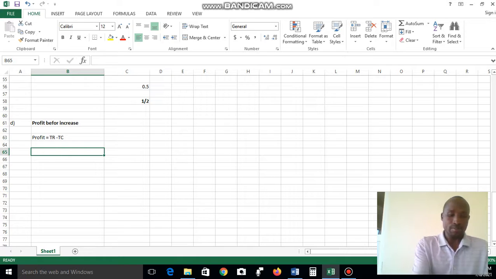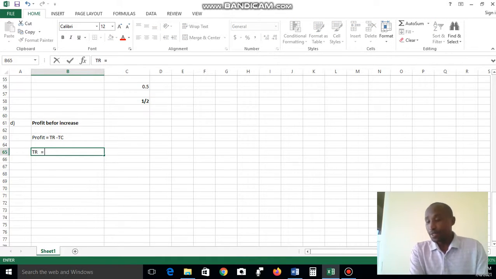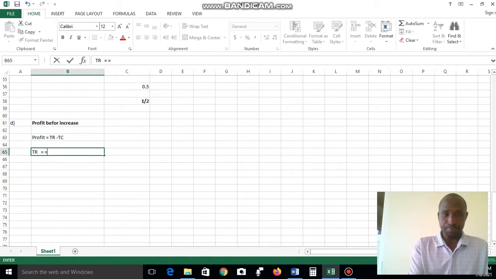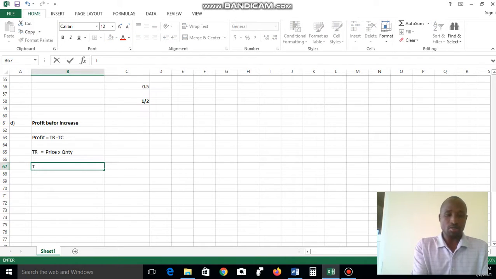What do we mean by total revenue? Total revenue will be equivalent to price times quantity. You must be selling a certain quantity. Then, step 3, you should know the total costs.